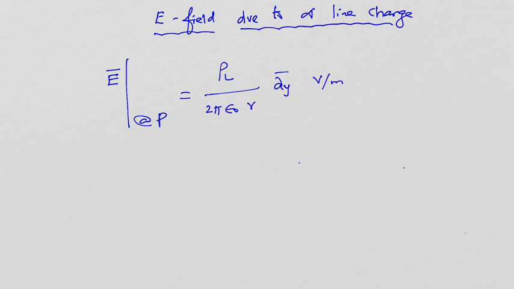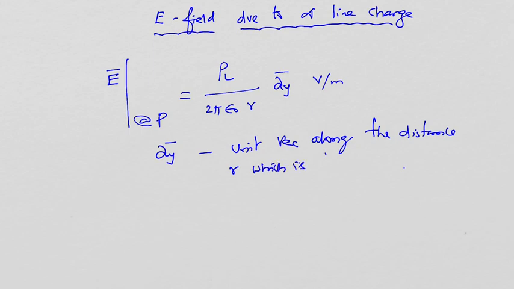This is actually taken in the Cartesian coordinate system, and the AY is the unit vector along the direction of the distance r, which is the perpendicular distance of the point of observation P from the source.